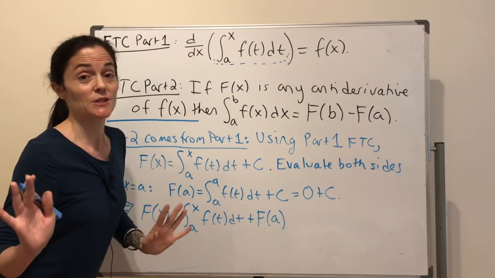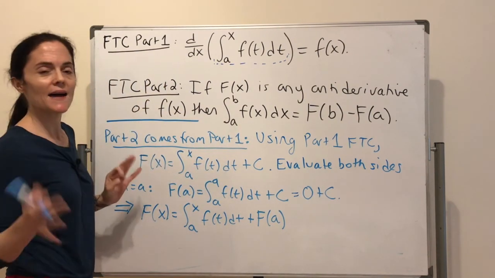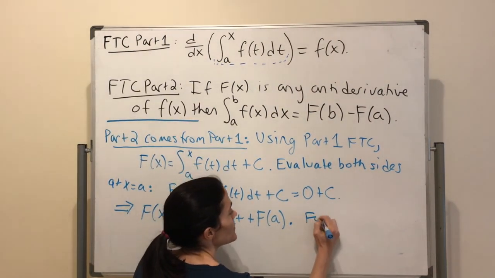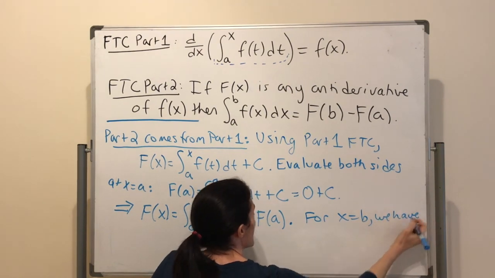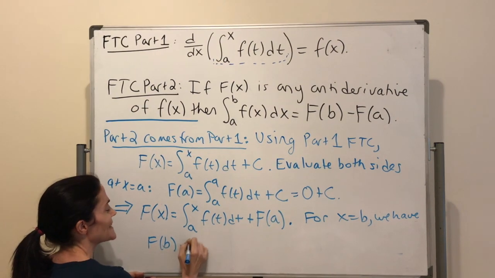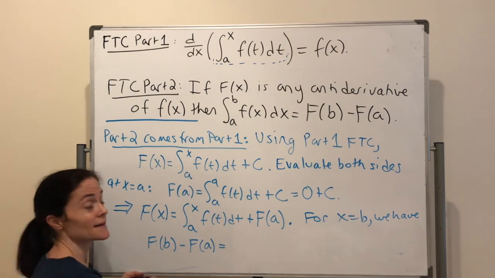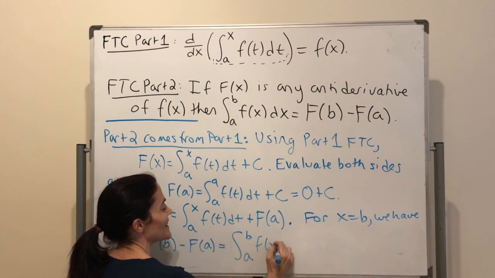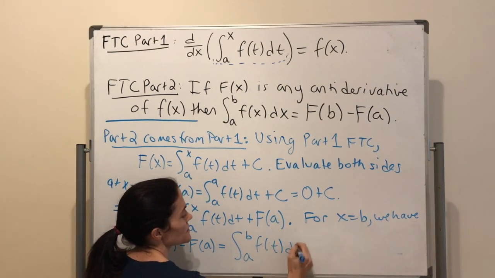Well, all that's left to do now is evaluate at b, but then subtract capital F of a from both sides. So I will just say in particular, for x equals b, we have capital F of b minus capital F of a. Okay, so I evaluated at b and subtracted capital F of a from both sides, and this is an integral from a to b of, well, okay, I'll leave it as t's here just to match.